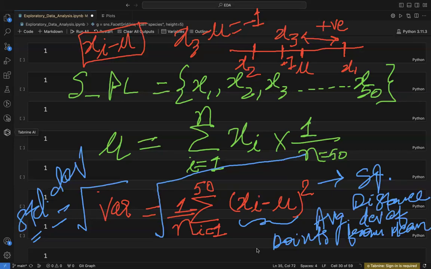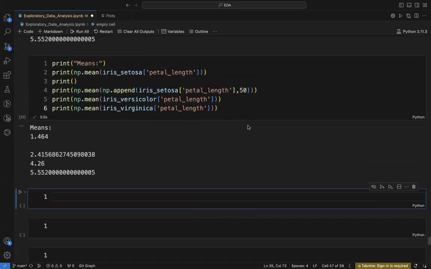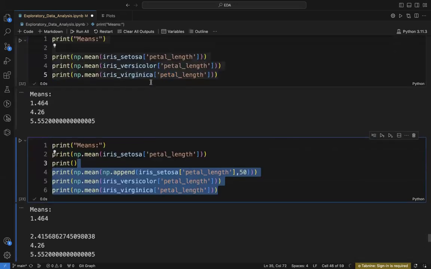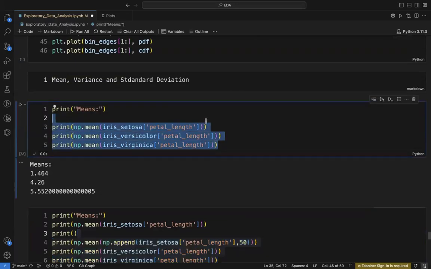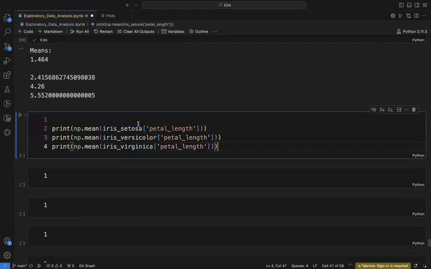Let's look at what the standard deviation is for each of these in code. Let me write the code and understand standard deviation with its help. For calculating the standard deviation, I am simply copying this code and pasting it here.